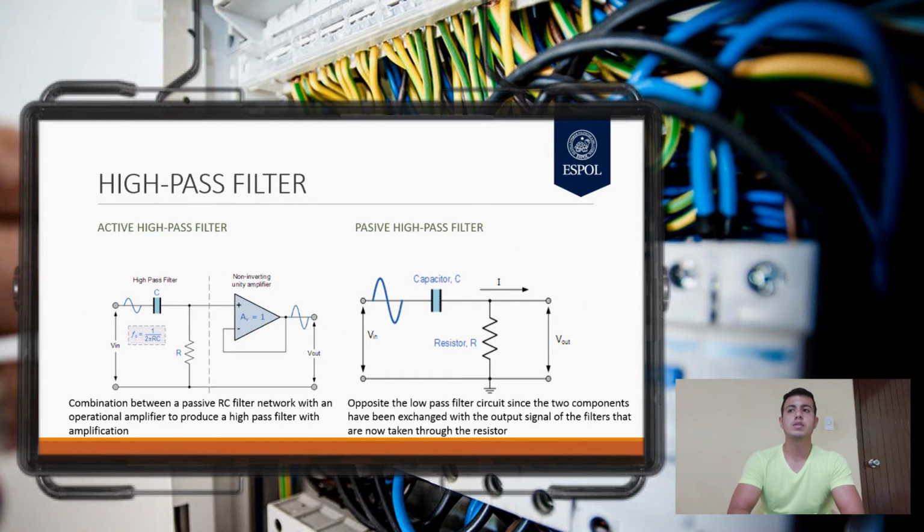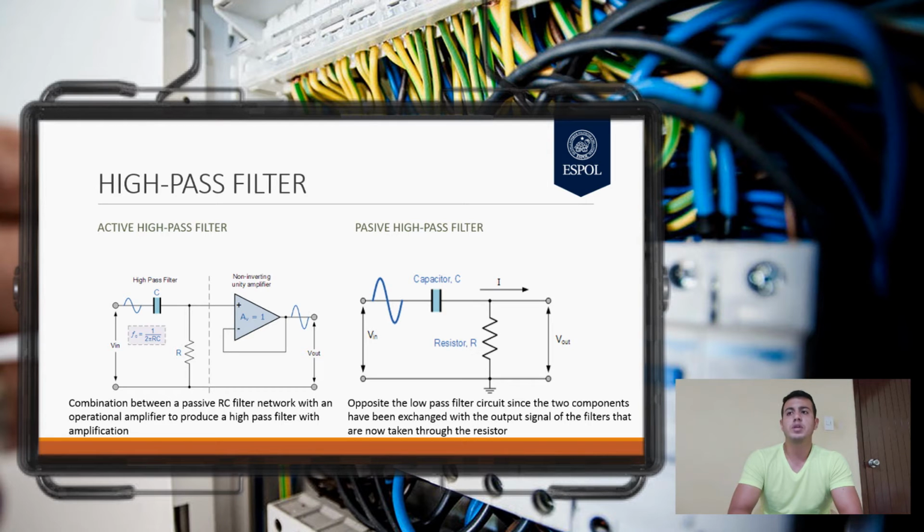Now, I will talk about high-pass filters. High-pass filters are classified into active high-pass filters and passive high-pass filters. Active high-pass filters can be created by combining a passive RC filter network with an operational amplifier to produce high-pass filters with amplification.